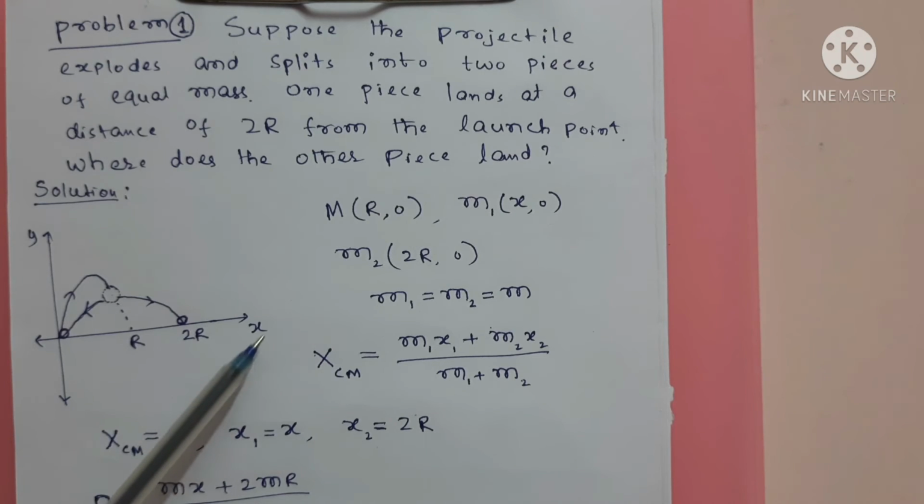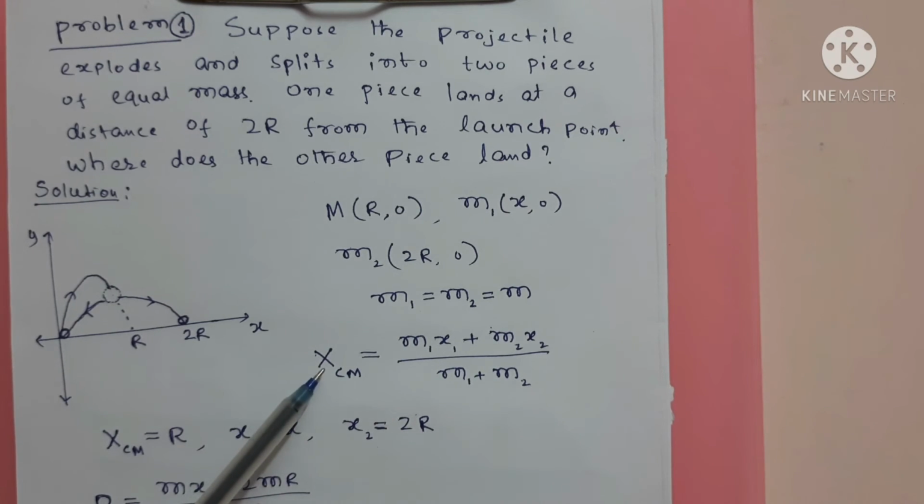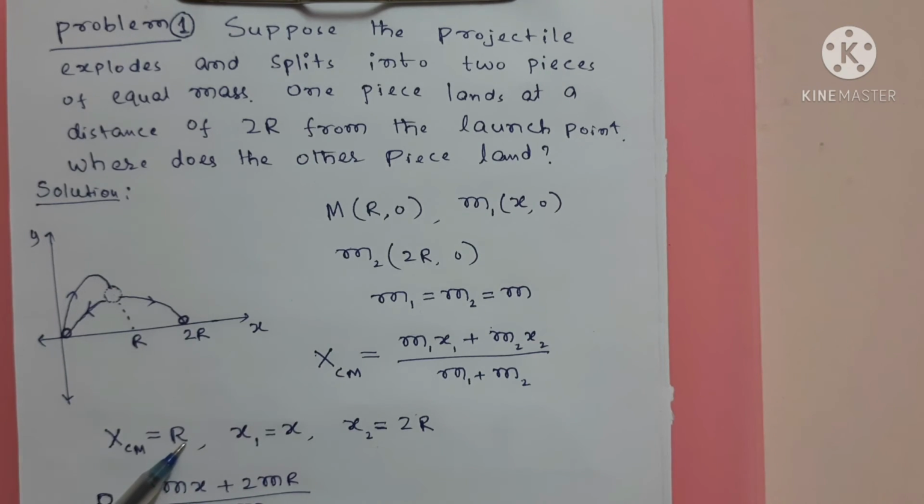Center of mass x coordinate: xcm equals (m1 x1 plus m2 x2) divided by (m1 plus m2). Now we have to substitute. xcm we know, means the x coordinate of center of mass is at a distance of R. Agree?